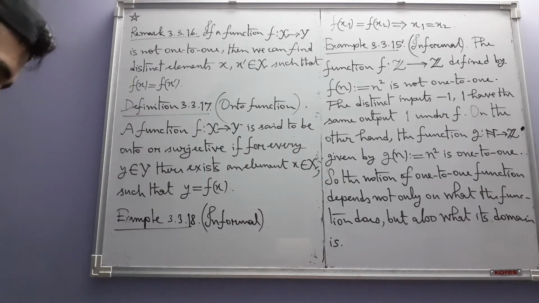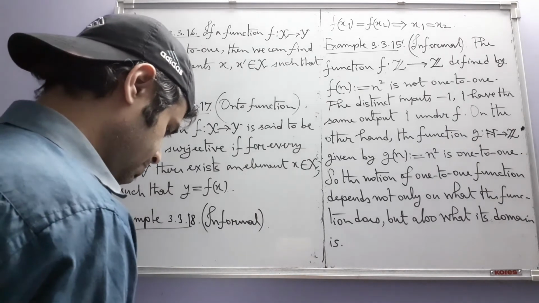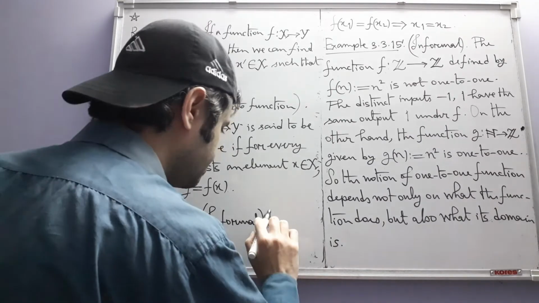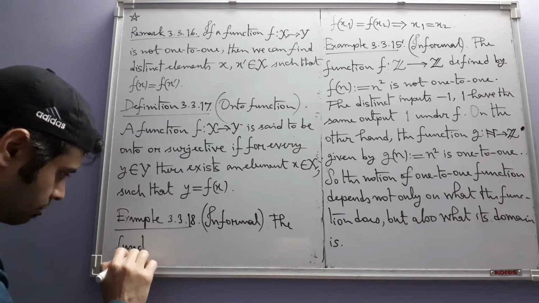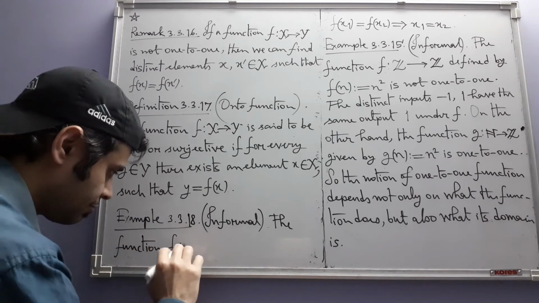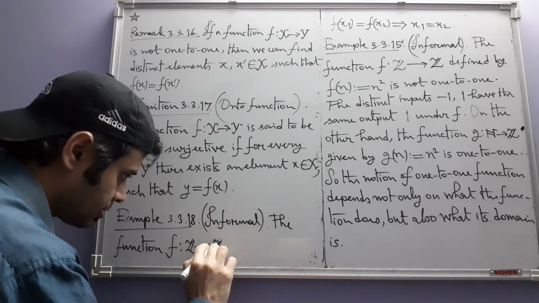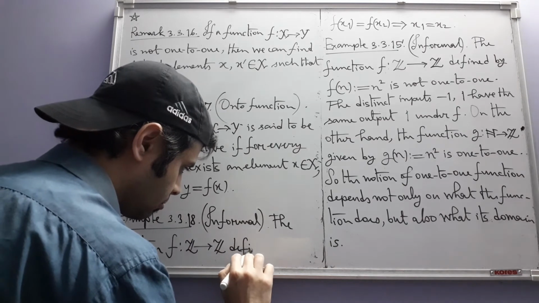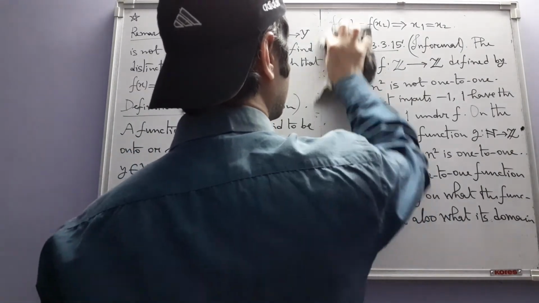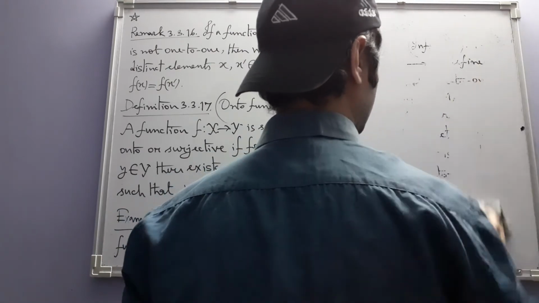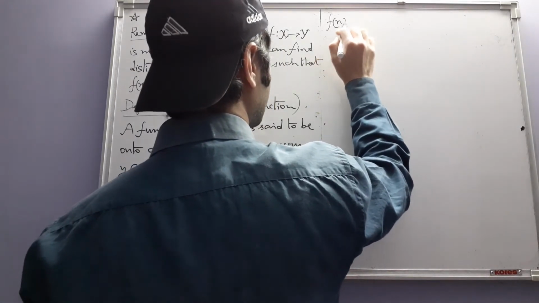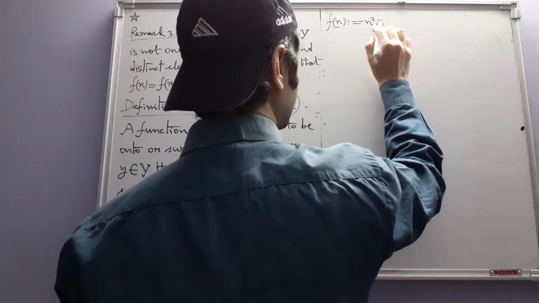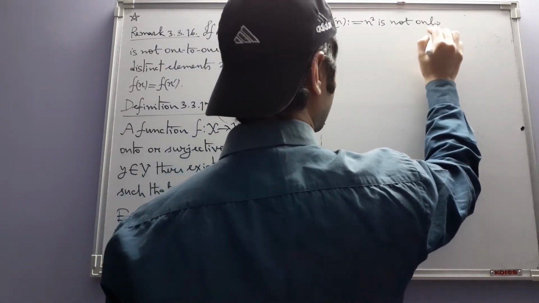What is the example? Again that same thing. The function f from the set of integers into itself defined by n square is not onto.